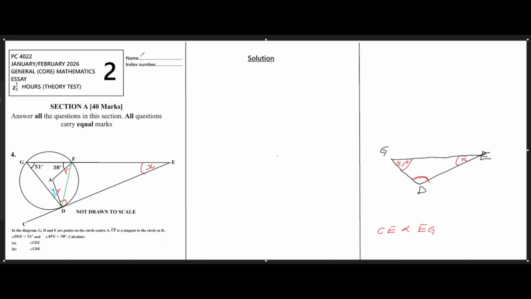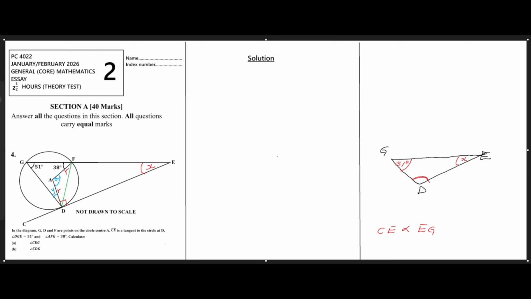So I'm naming the angle at the center, that is the other side of the center, this side, as angle A. So if that's the case, we can say that angle A is twice the angle at the circumference.